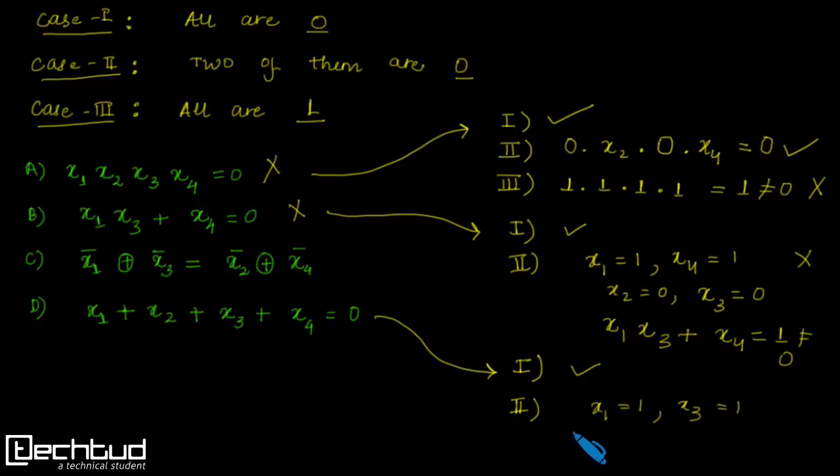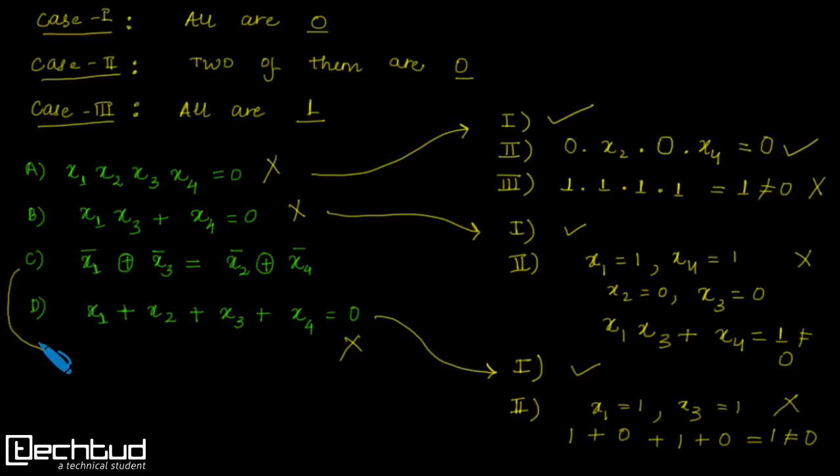In that case, the value of this expression will be 1 plus 0 plus 1 plus 0. This will give us 1, which is not equal to 0. So again case 2 is false. Therefore option D is also wrong. Therefore we can see that option C remains, which is true.